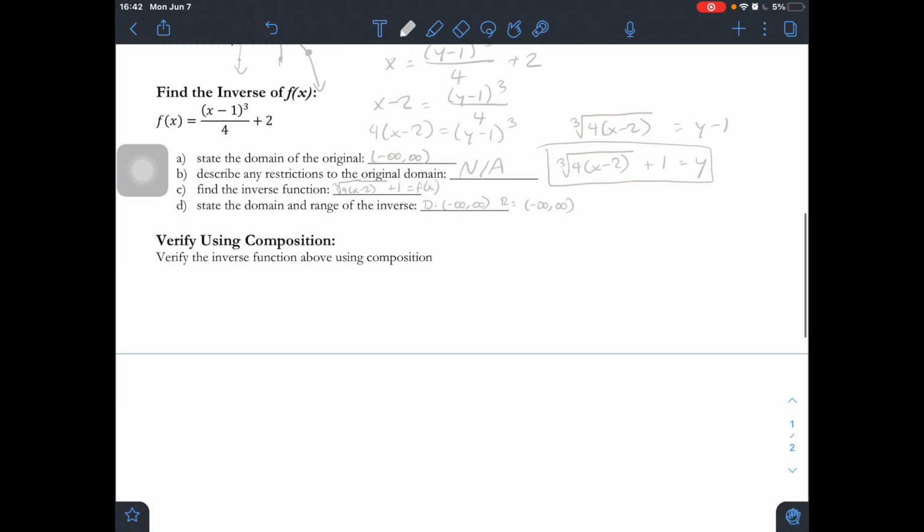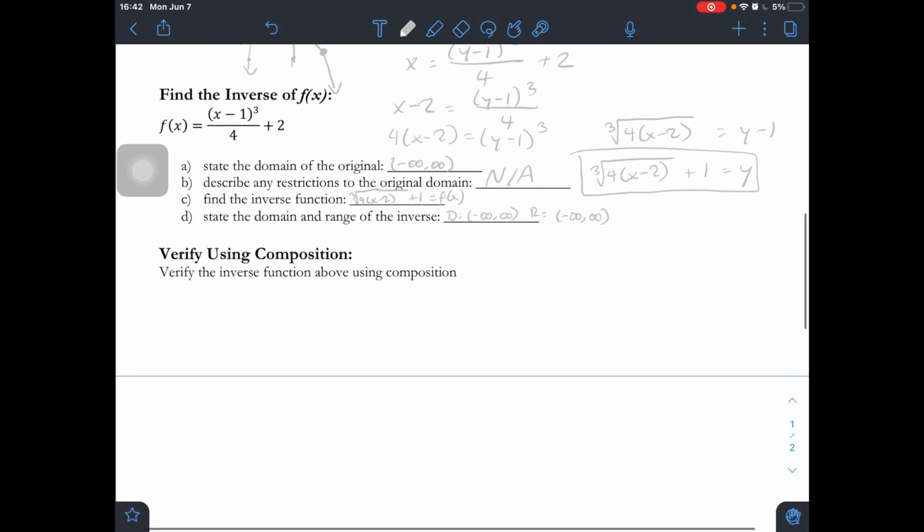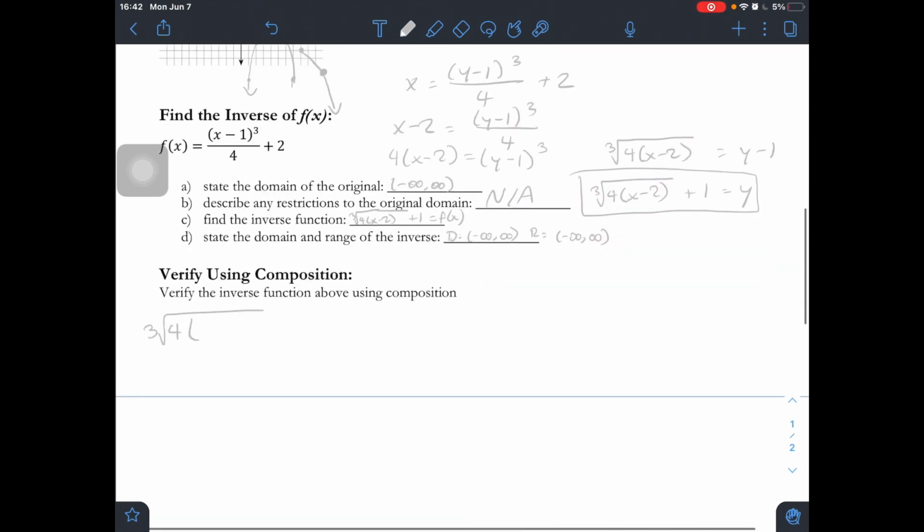Alright, so now in order to verify if these are inverses, we have to use composition. So what I'm going to do is plug the original function into the inverse function. So let's write out the inverse function. It's the cube root of 4 times... well, now instead of writing x, we have to plug in the actual original function.